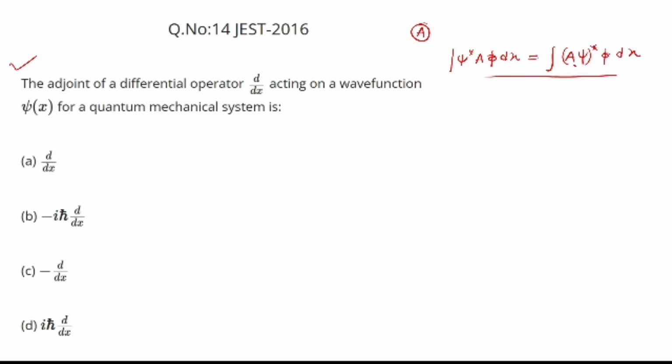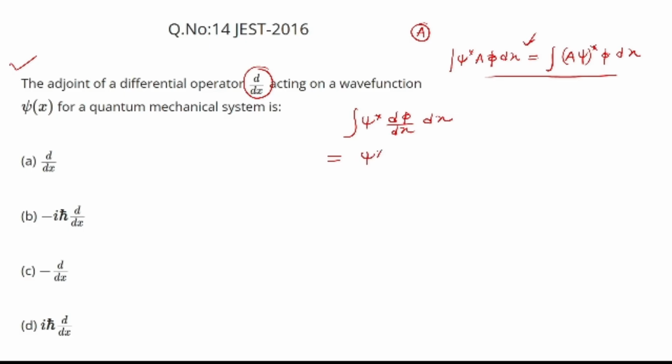If any operator satisfies this relation, then that operator must be an adjoint operator. Okay, so we have the operator d/dx. Let's check it. So the integral of psi star A, which is d/dx, so d phi/dx into dx. Let's do this integration using the by parts method.